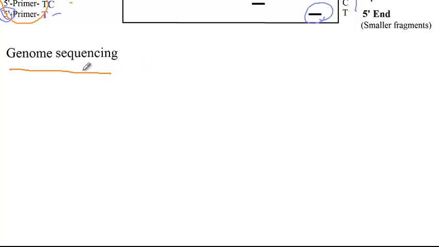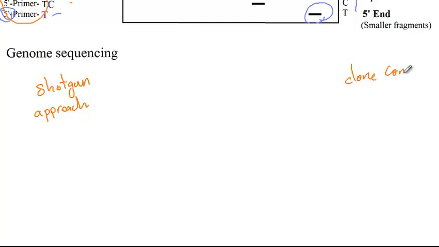There are two different approaches that can be used for genomic sequencing. One is called the shotgun approach, and the other one is called the clone contig approach, which stands for contiguous.